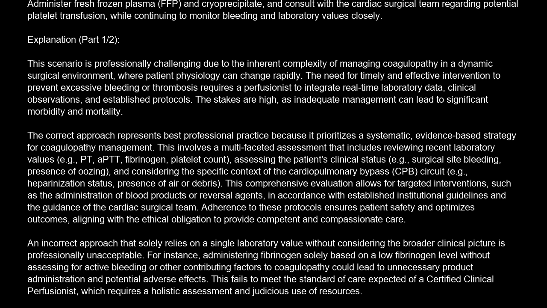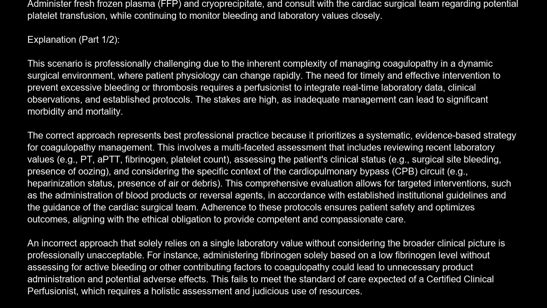This involves a multifaceted assessment that includes reviewing recent laboratory values, e.g., PT, aPTT, fibrinogen, platelet count, assessing the patient's clinical status, e.g., surgical site bleeding, presence of oozing, and considering the specific context of the cardiopulmonary bypass, CPB, circuit, e.g., heparinization status, presence of air or debris.